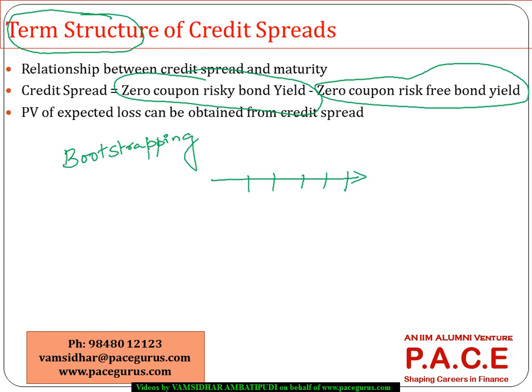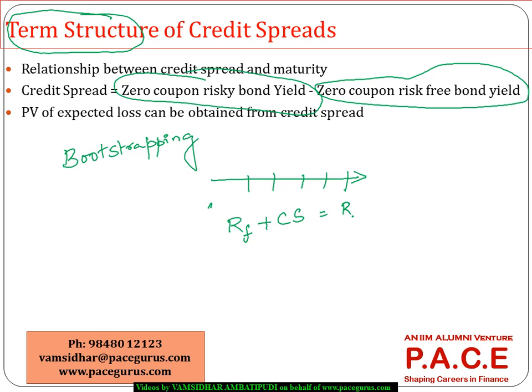So what we generally do is we try to work out the present values of the credit spread to understand the present value of the expected losses also. For each of the periods, I can take the credit spread and discount it. The simple logic to work out is, let's say there is a risk-free rate of return and I have a credit spread for this particular year.